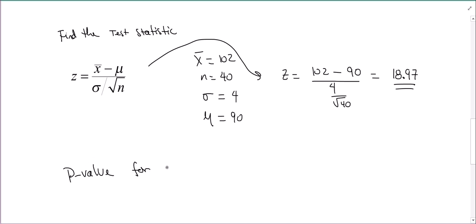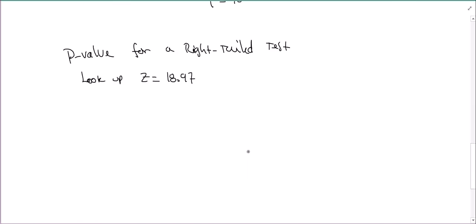Now that we have our test statistic, let's find the p-value. The p-value for a right-tailed test, and I know that from the alternative hypothesis. We need to look up Z equals 18.97 on our table, which is pretty high.